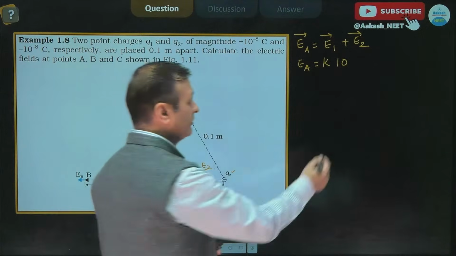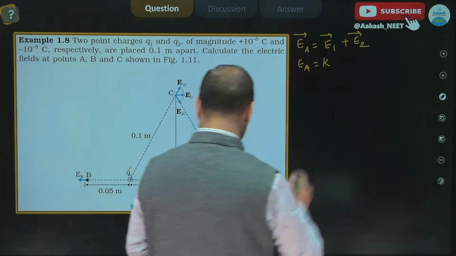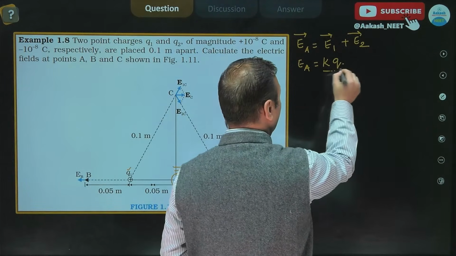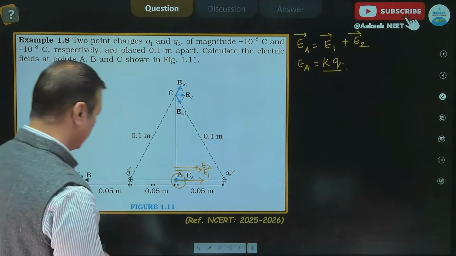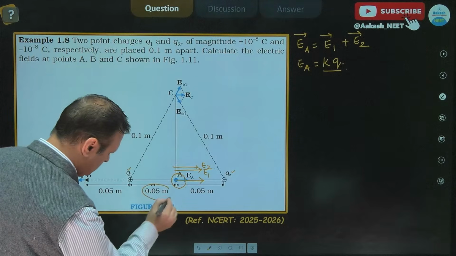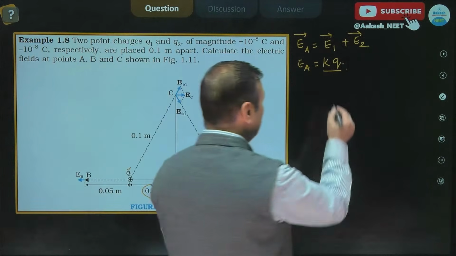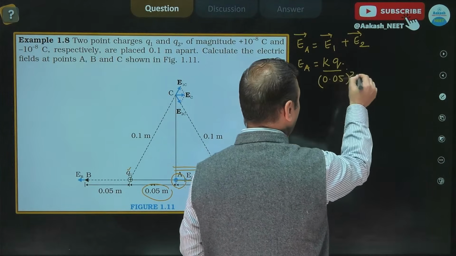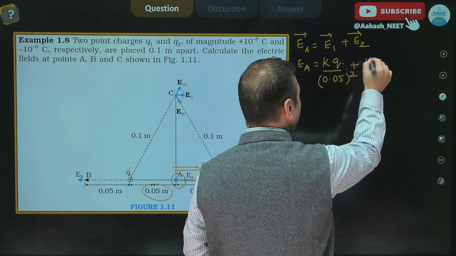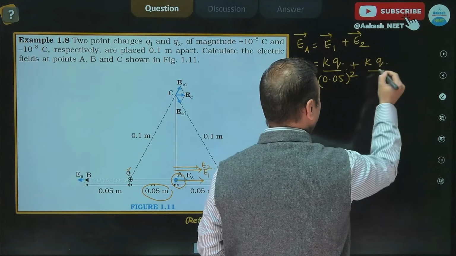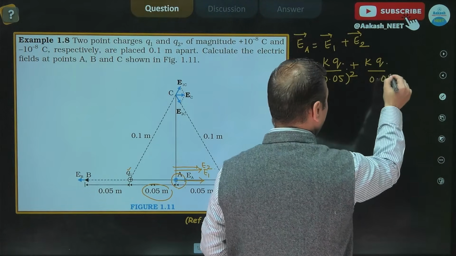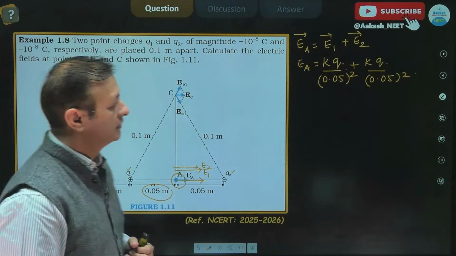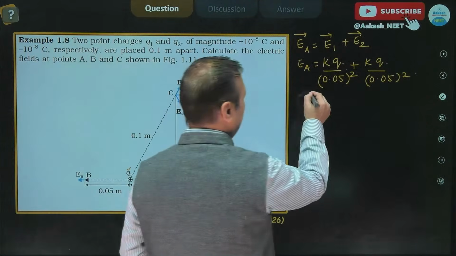I will simply put it in numerical form first, by R square. Can you see this R? This is 0.05, R square, plus KQ by R square, and this is the concept for magnitude.